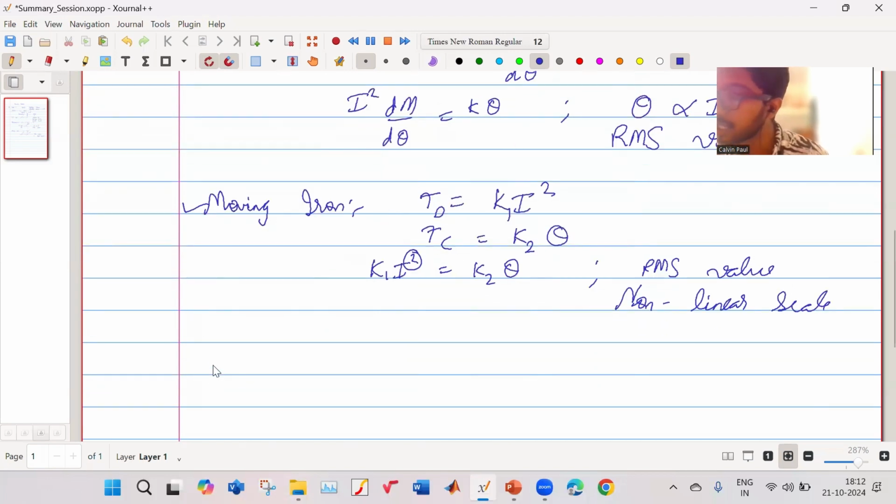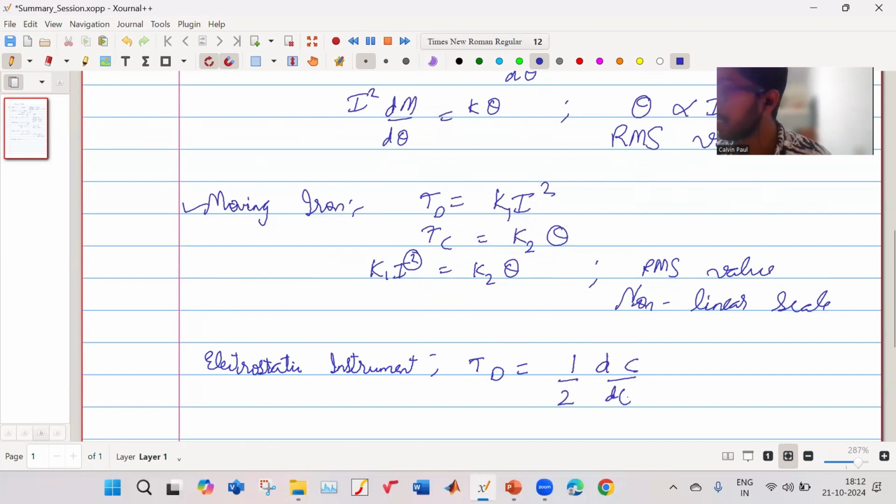But there's another instrument known as an electrostatic instrument. In this, the torque generated is given by half dC by d theta into V squared. Okay, this is the formula, and that again is equal to k into theta.